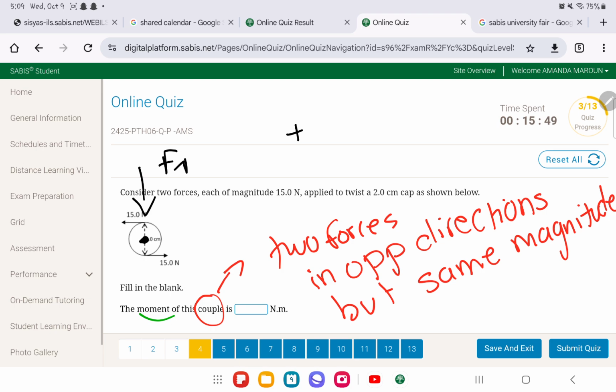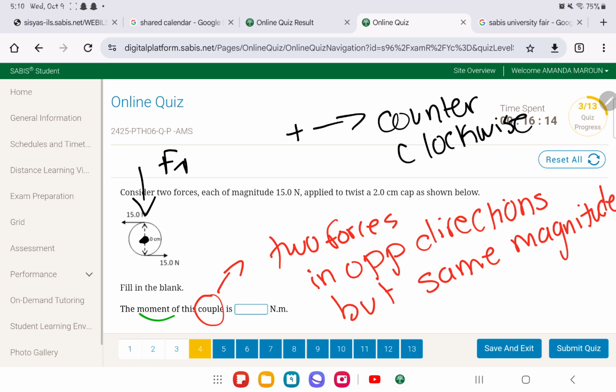That means it is going in the anti-clockwise or counter-clockwise direction, however you like to name it.